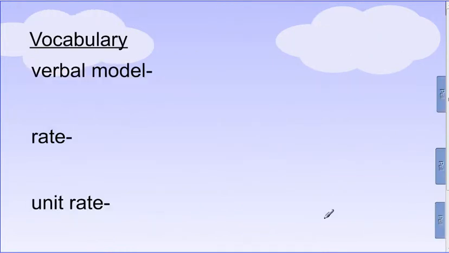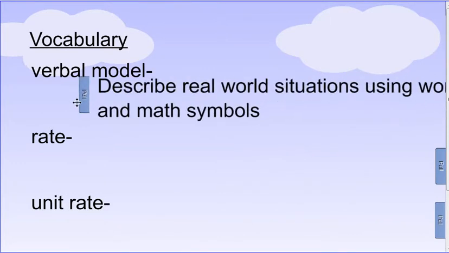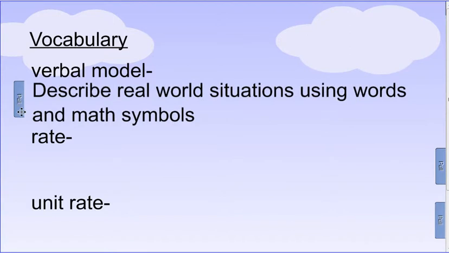We have a couple vocabulary words here today. We've got verbal model, which is going to be used a lot. A verbal model describes a real-world situation using math symbols. So you'll see a lot of times a verbal model is basically an in-between step between the word problem they give you and the math problem you need.